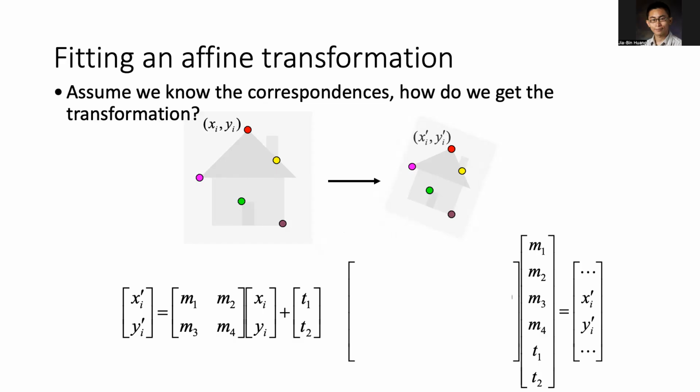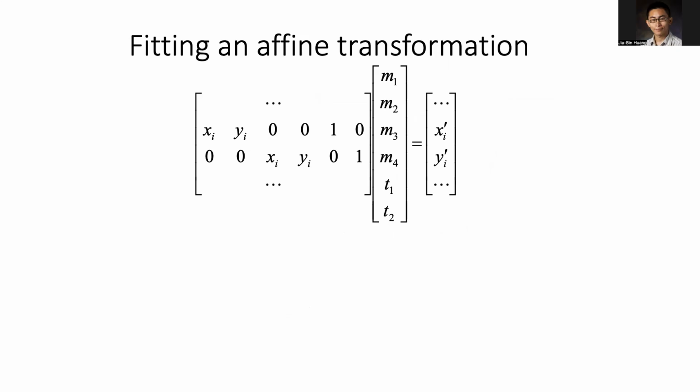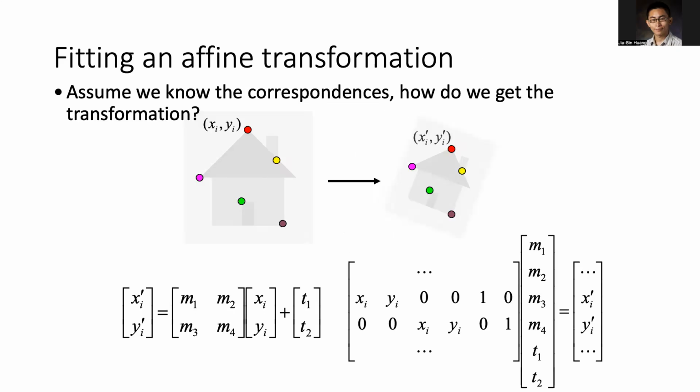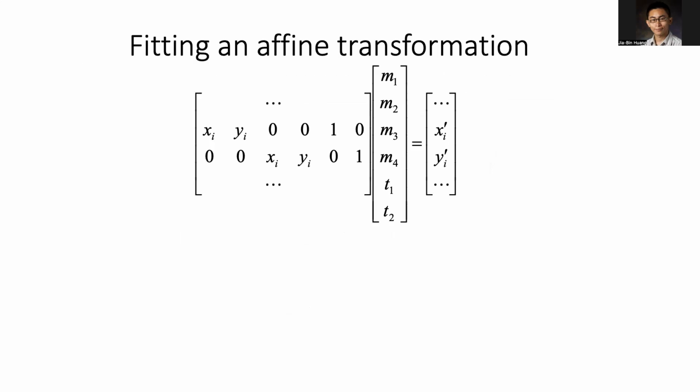In this affine transformation, which is a simpler transformation, you have 6 unknowns. So you solve for this, put the unknowns into a column vector, and now you have a linear system of equations.